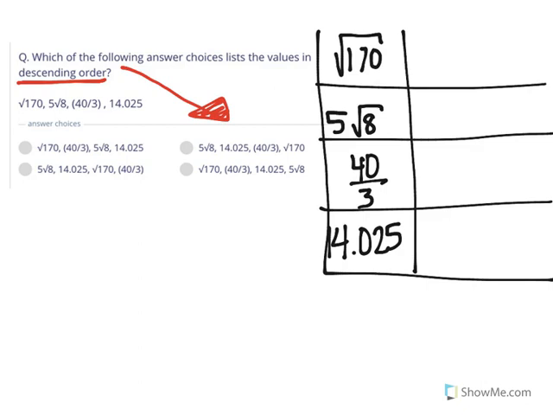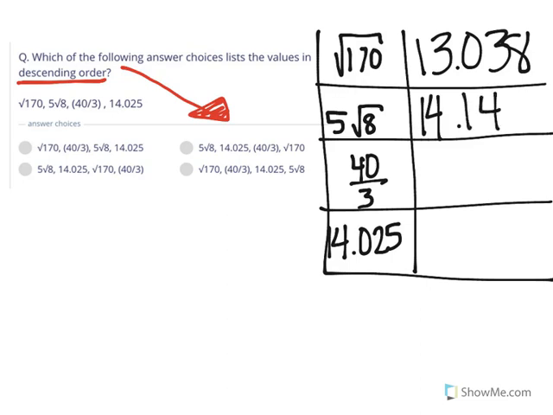So I'm going to hit Control, square root, 170. That's 13.038. 5 square root 8 is 14.142. I can make my fraction 40 thirds.